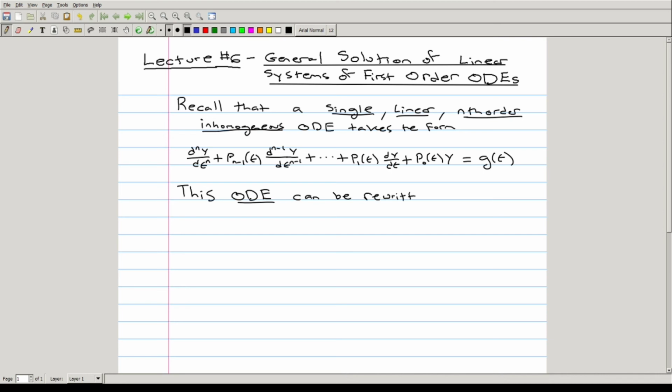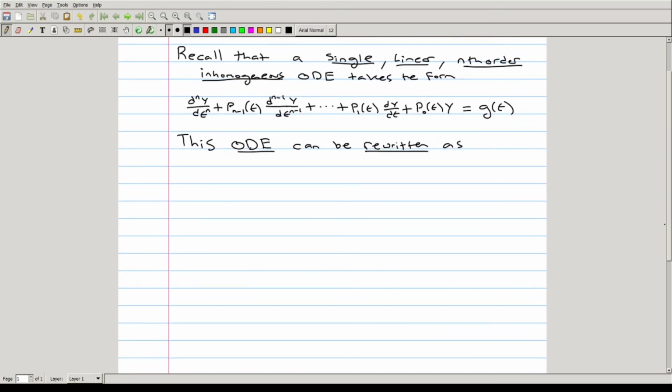as the following. And we're going to see that just like all of the other differential equations of order n that we've talked about, we can rewrite this as a system of first order differential equations.